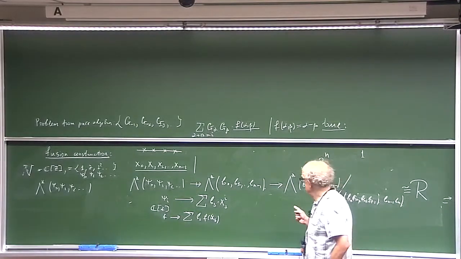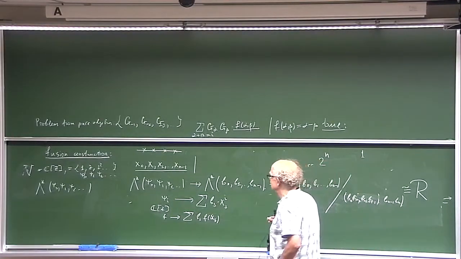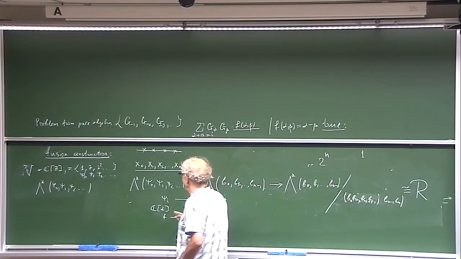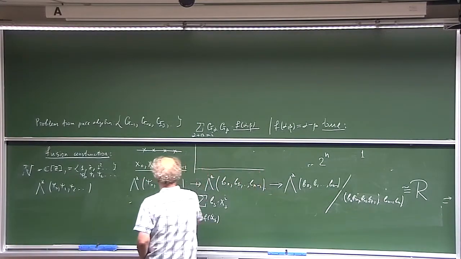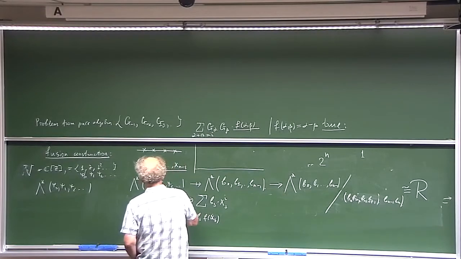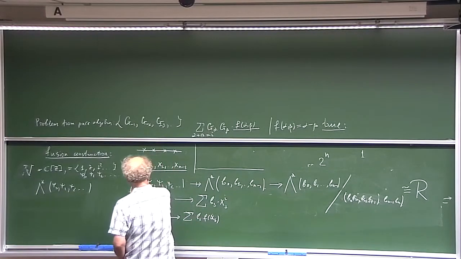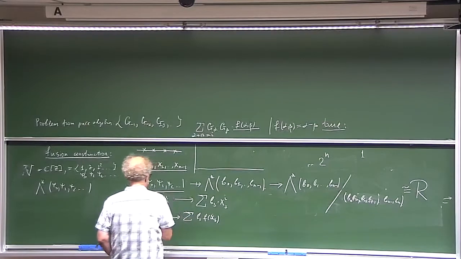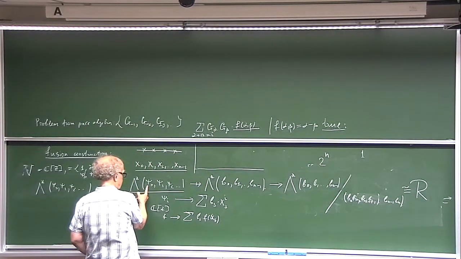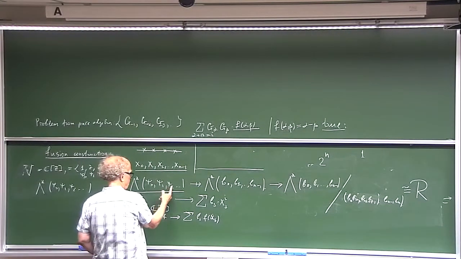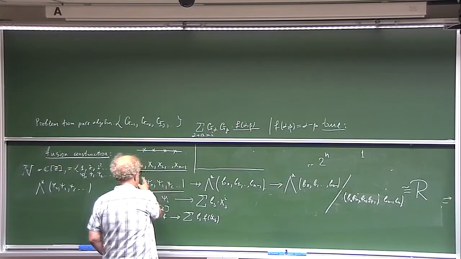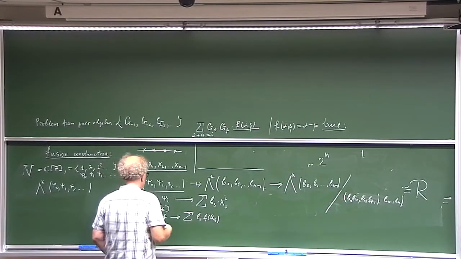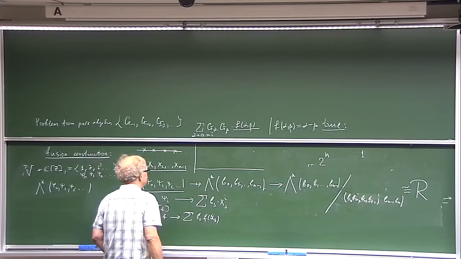My Grassmannian algebra, let me just repeat, is graded, because this has grading 0, this is 1, this is 2, and so on. The Grassmannian algebra is the sum of graded spaces.